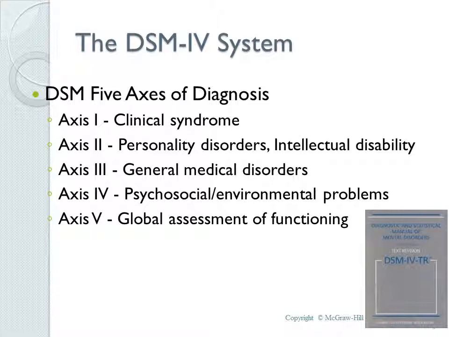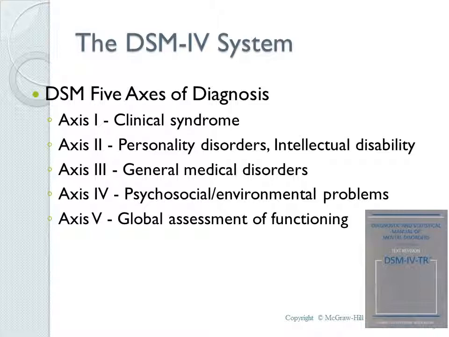The reason that personality disorders and intellectual disability are separated out from axis 1 is that these two things, personality and intellectual, tend to be long-standing complications that are not amenable to treatment so much. They're not very responsive to treatment.